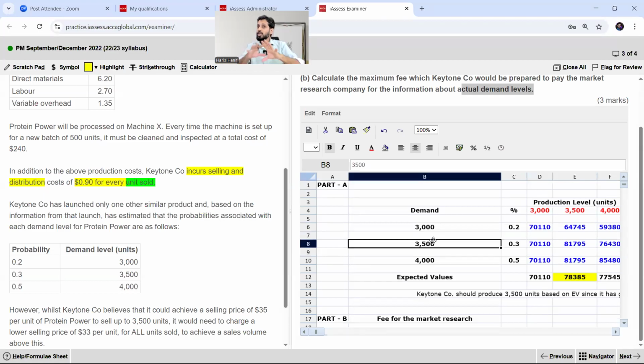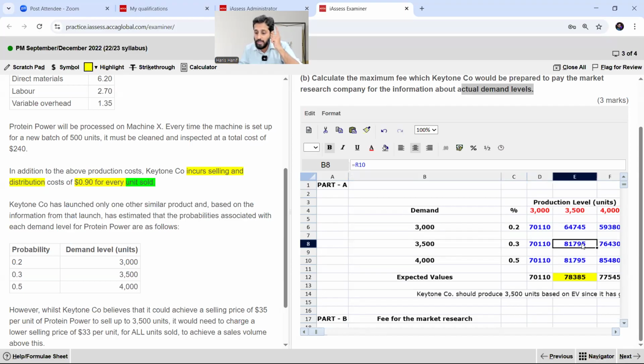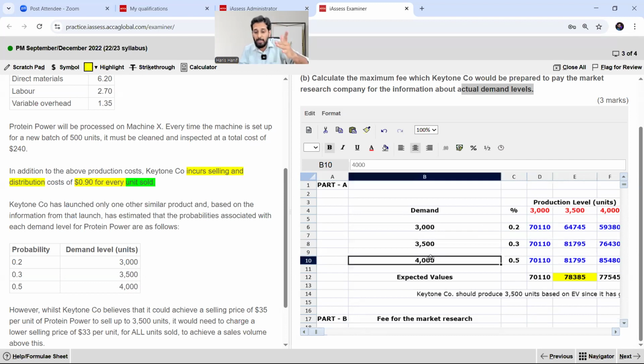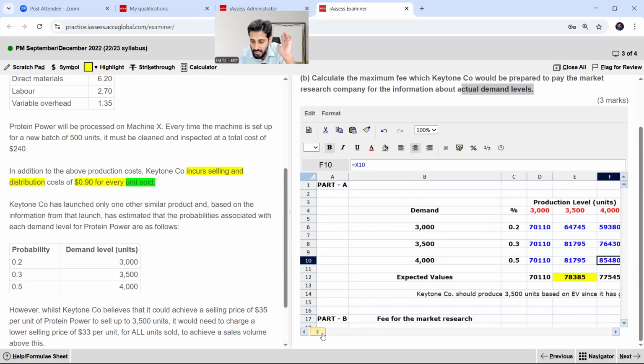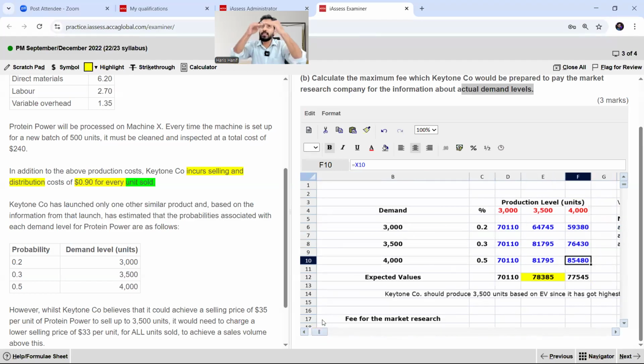Now this whole chapter is based on what-if analysis. If demand is 3500 and if I have the perfect information, I will go with this highest return. And if I have 4000 demand and perfect information, I will go with this value with the highest return, right? So in all these three circumstances, a technique is being applied: what-if analysis.